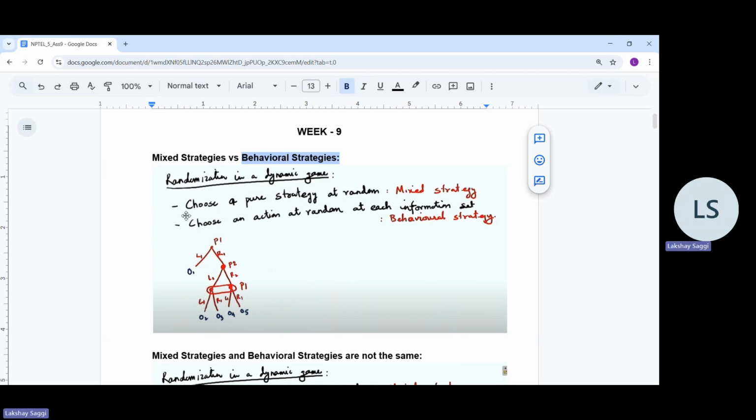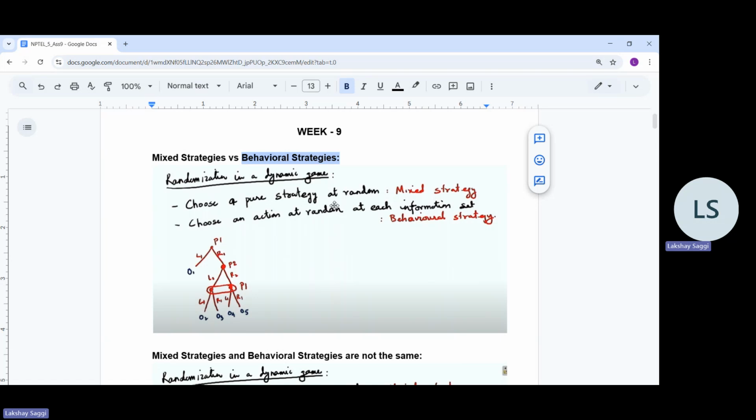But another thing I can do is maybe I don't define everything at the start, but I randomize as I go along. You can think of a notion of time in a dynamic game, or different turns of a player. A player can think, maybe in my first turn I'll do something randomly, and when my second turn arrives, then again I'll choose something randomly at that point.